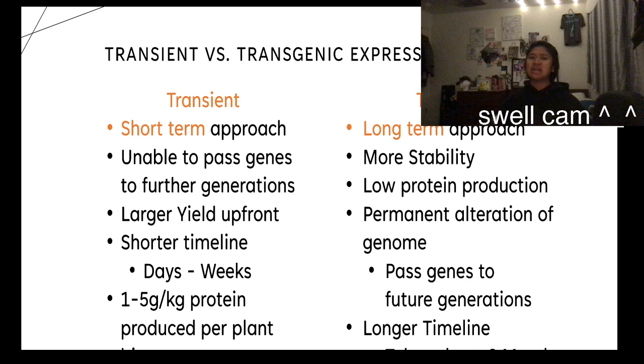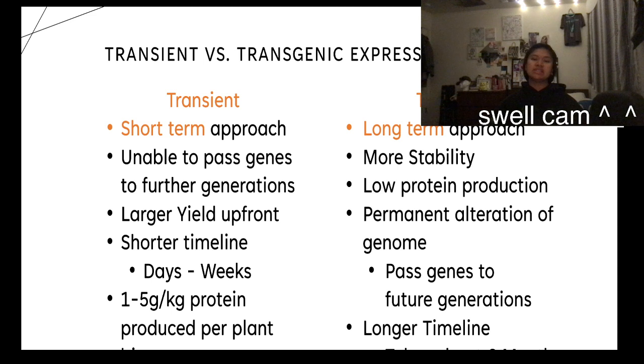So, to compare and contrast transient and transgenic expression systems, transient expression is more of a short term approach. The genes don't incorporate into the chromosomes of your said cell, and it won't be able to pass it on to future generations.